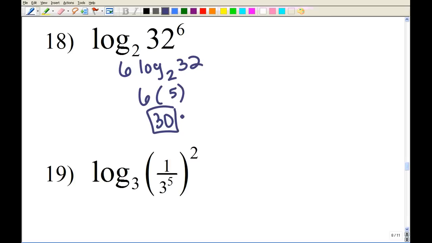Number 19. This one looks a little bit different. I've got log base 3 of 1 over 3 to the 5th power, squared. So I'm going to go ahead and take that 2 to the front like I've done before. So I have 3 to what power gives me 1 over 3 to the 5th.